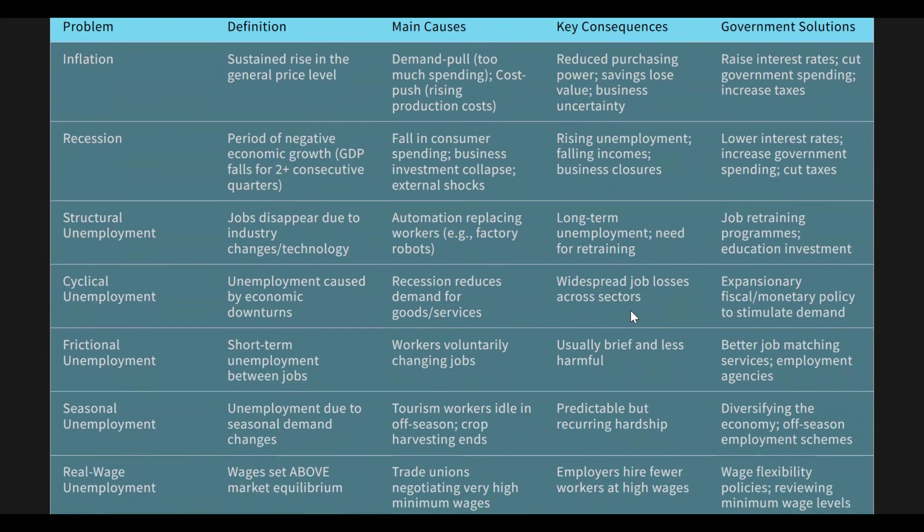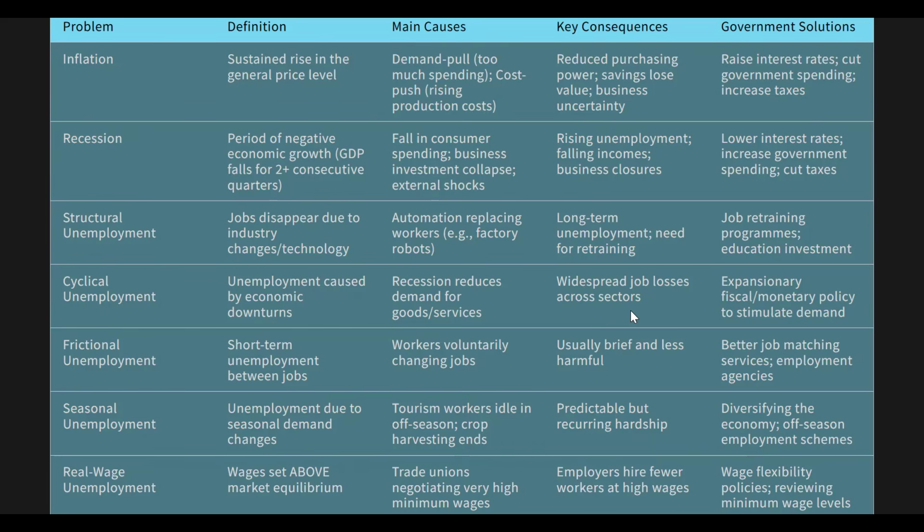Now let's look at unemployment. We know unemployment is when someone who actually is looking for a job does not have one, right? These types of unemployment are the different reasons why it could happen. So for one, structural unemployment. This is when there's a change in the economy.